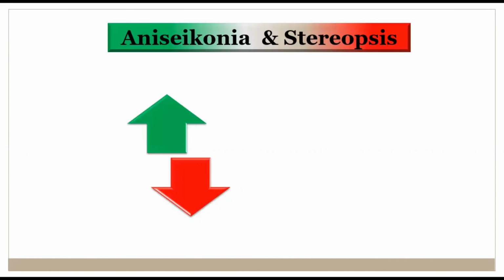Now going to this confusing title: what is the relationship between aniseikonia and stereopsis? We just mentioned that some sort of aniseikonia is really important, and we call it physiological aniseikonia, and this is important for stereopsis, so this is a good relationship.